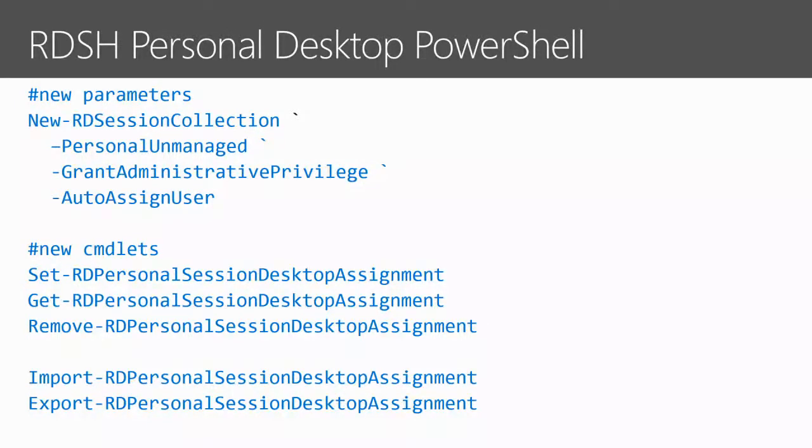We wanted to be very consistent with what we did. So everywhere you see a personal session desktop, there's an equivalent that says personal virtual desktop. There's an equivalent commandlet. And so this is now a whole new way, essentially, of creating a VDI deployment using server-based desktops and in a cloud computing environment.